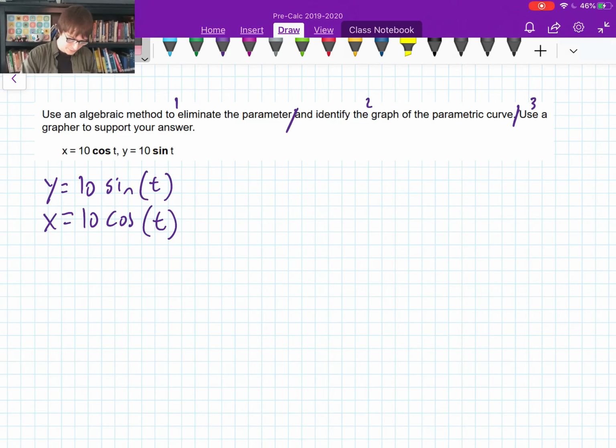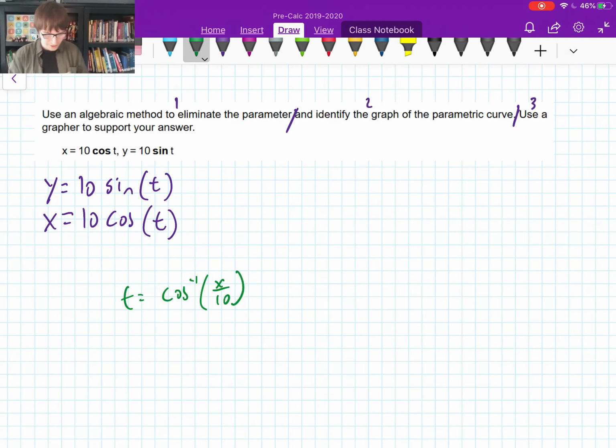Well, let's see, we'd write 10 over 10, or is it x divided by 10? That would be t equals the inverse cosine of, I think, x over 10. That's what you'd write, and you could say, well, we could just take the inverse cosine of that.